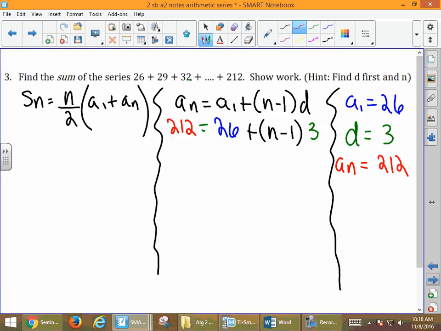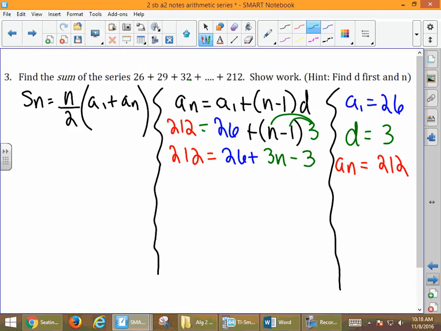So we need to solve that. That means that we're going to use the distributive property again. So we've got 212 equals 26 plus 3n minus 3.